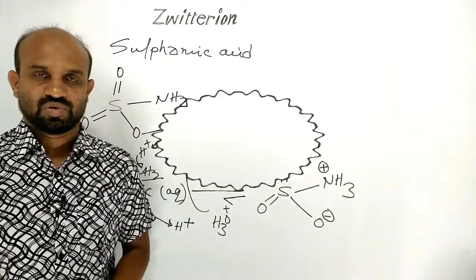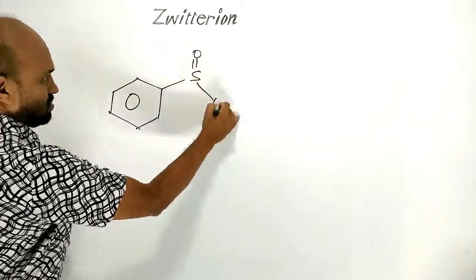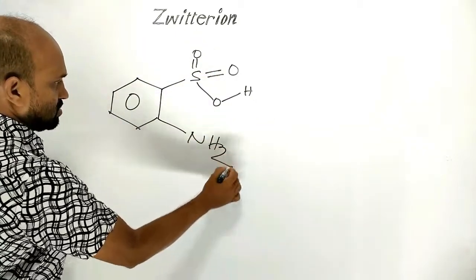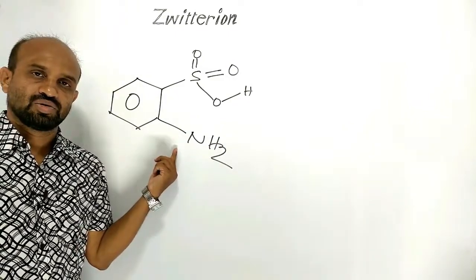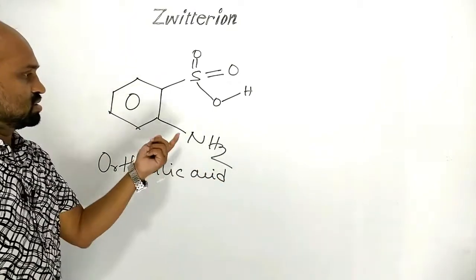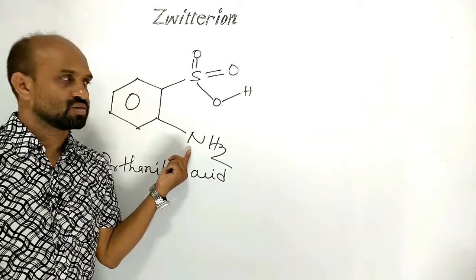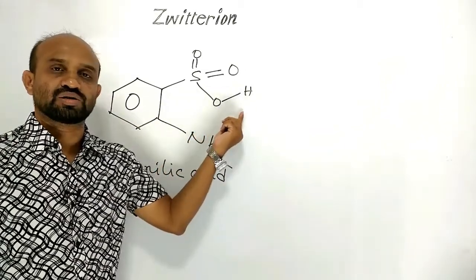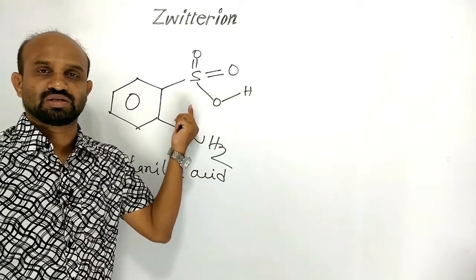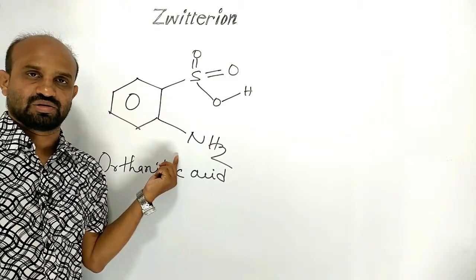Let's see another example. Now orthanilic acid. Let's write the structural formula of orthanilic acid. This is orthanilic acid. Here this group is the basic part. This OH part is the acidic part. The sulfonic acid group is the acidic part. The amino group is the basic part.